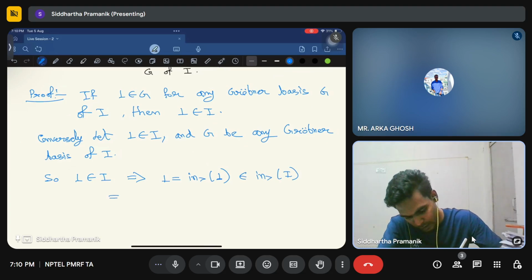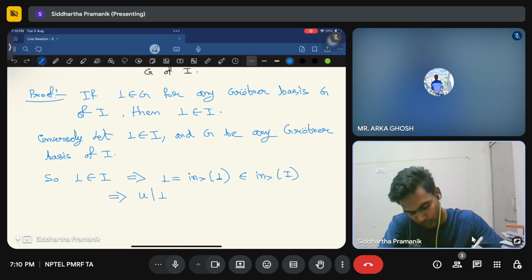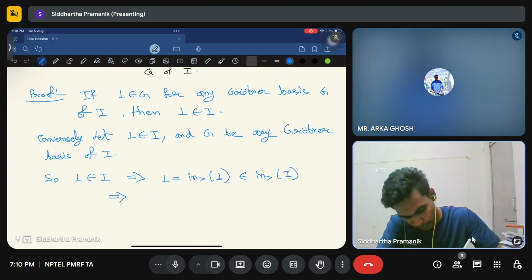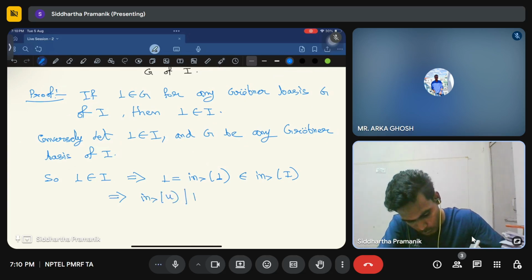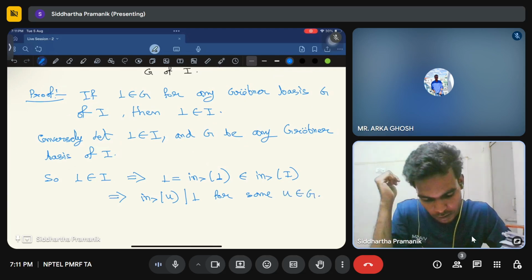So that means the initial term of some U divides 1, for some U in the set G, because G is a Gröbner basis.